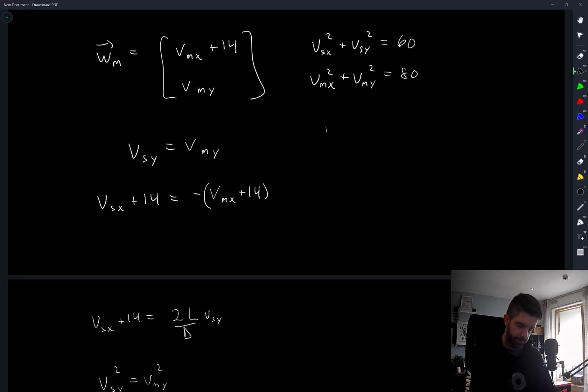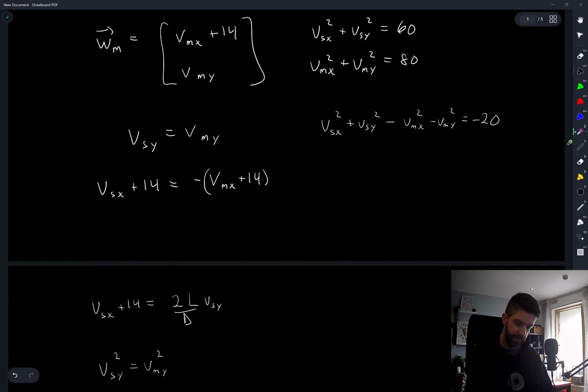What if I do this? Vsx squared plus Vsy squared plus Vmx squared plus Vmy squared is equal to 140. No, that doesn't work. I might have to subtract them. Vsx squared plus Vsy squared minus Vmx squared minus Vmy squared is equal to negative 20.